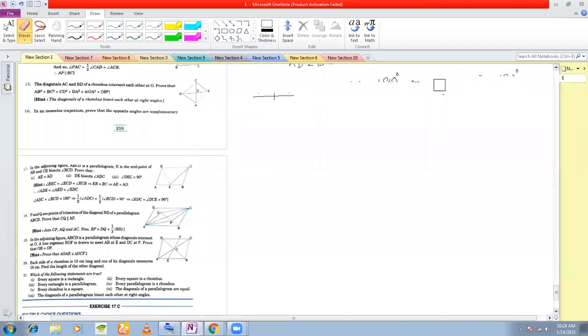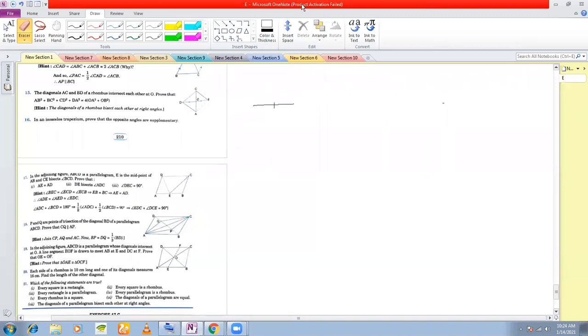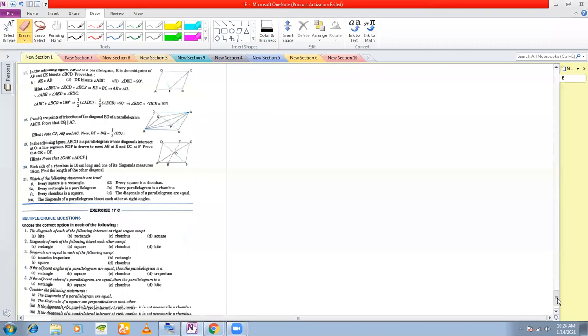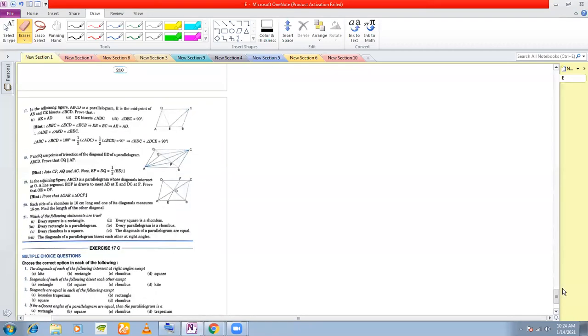Let us see the next question that we need to solve here. The next question is number 20. The question here is: each side of a rhombus is 10 centimeters long.